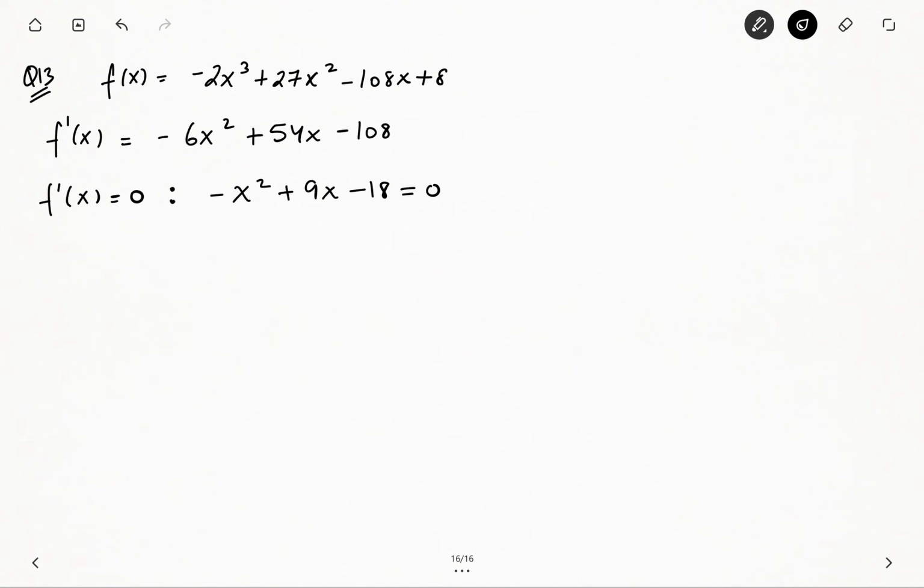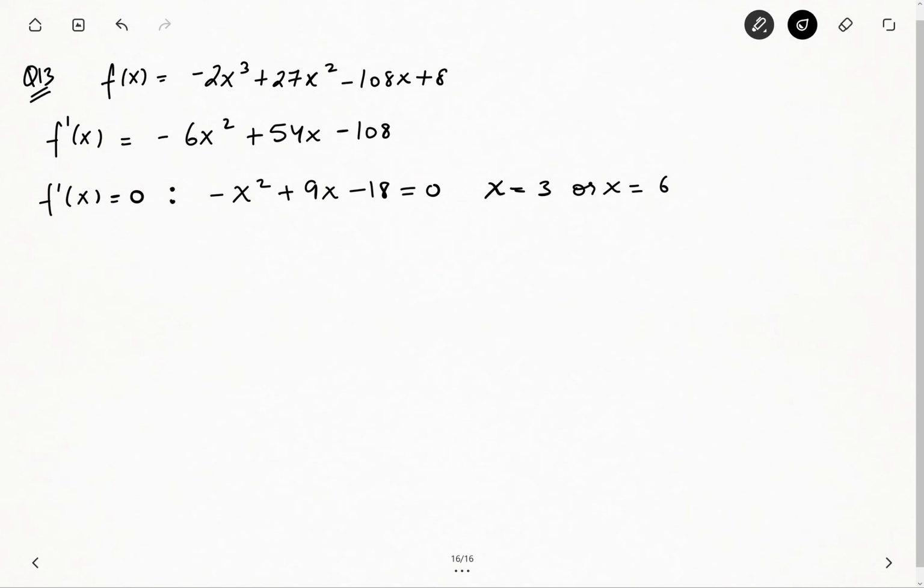So let me just quickly double check. After factoring it out, what you should get is x equals 3 or x equals 6.